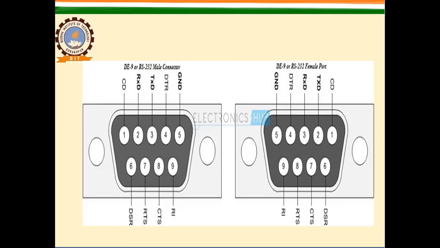Similarly, in the second row also, there is a reversal of pin number 7 and 8 functionality for male and female connectors. So these are the basic changes in the functionality.